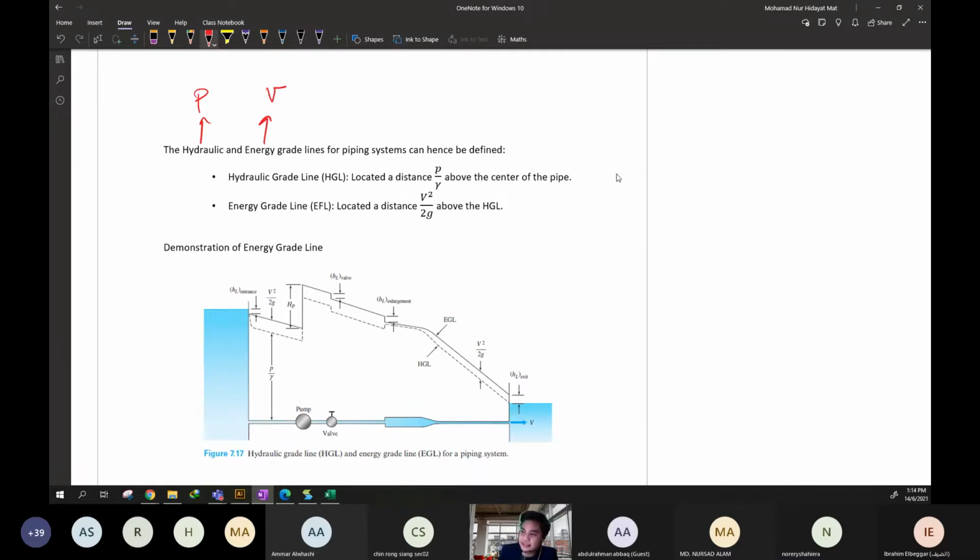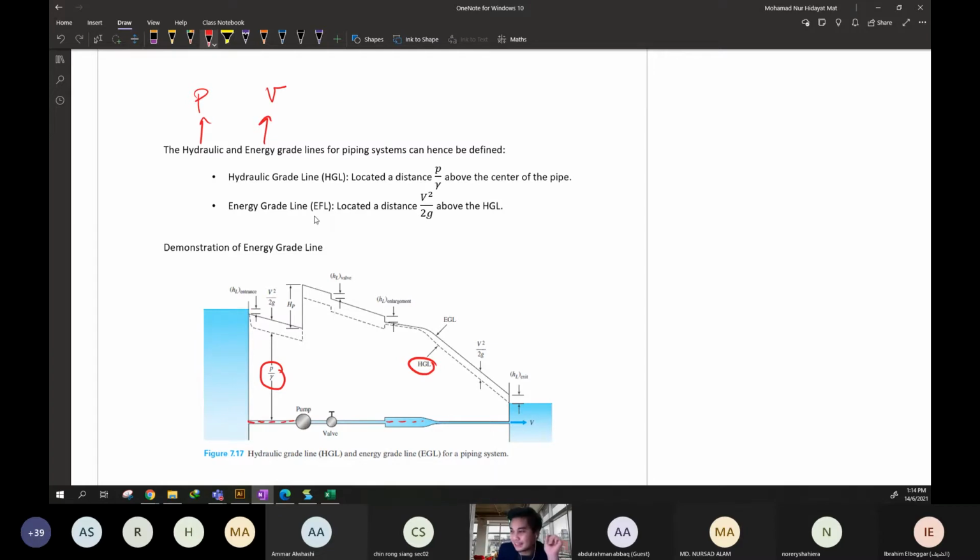Where is the center of the pipe? This is the pipe center. Above the pipe center with the length of P over gamma is this dotted line we call the HGL, hydraulic grid line. This line is primarily dominated by the pressure difference between two fluids.